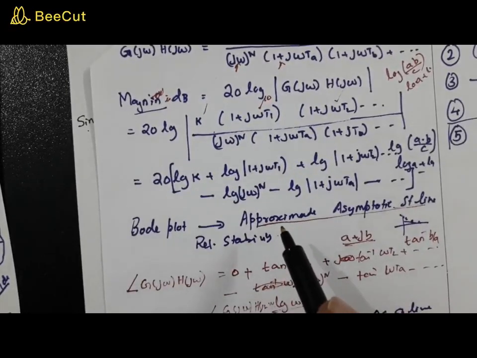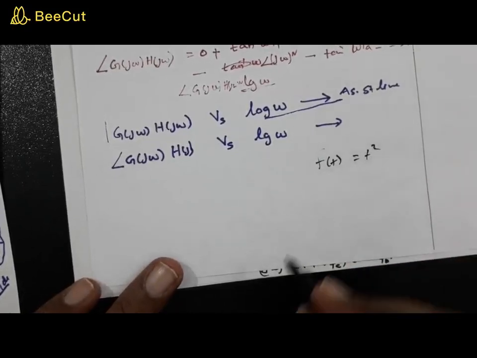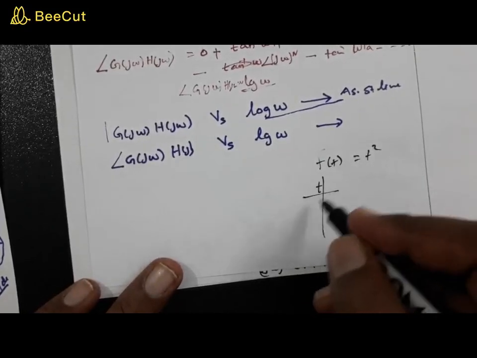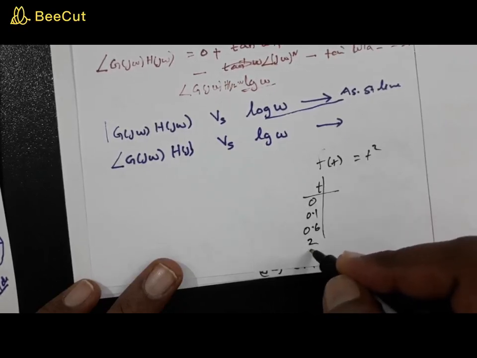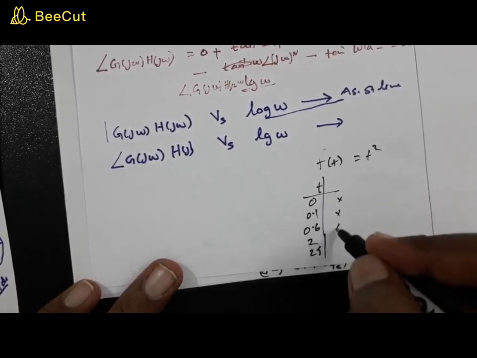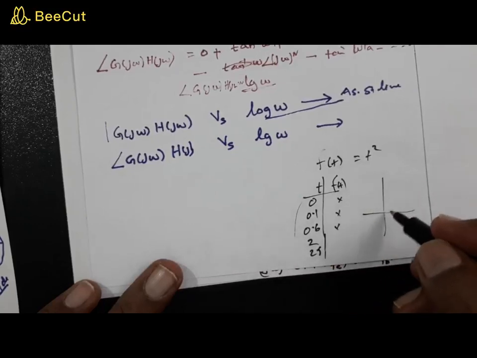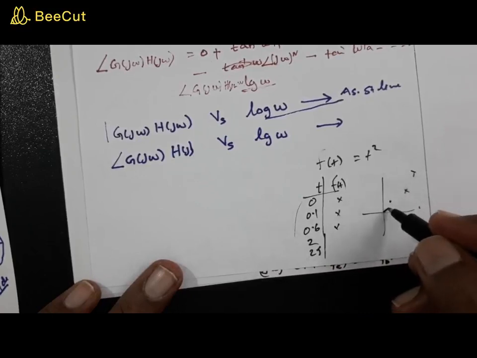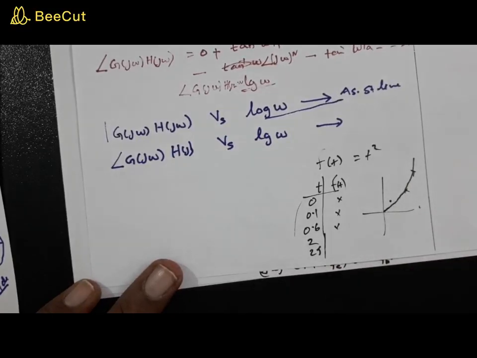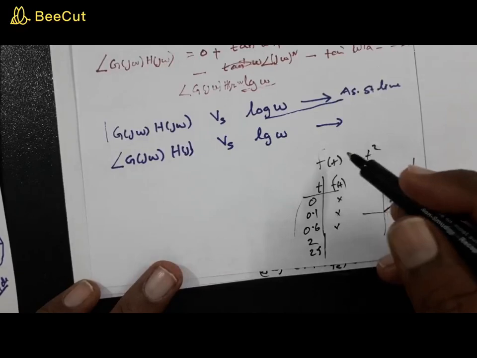What I mean by arbitrary value is, when you plot a graph, something like f(t) equal to t squared, I will be putting some values of t, say 0, 0.1, 0.6, 3, 2, 2.5, and so on, and you will be finding out different values for this f(t). You plot each point and you get a graph like this, so you are getting an almost accurate plot of this f(t).